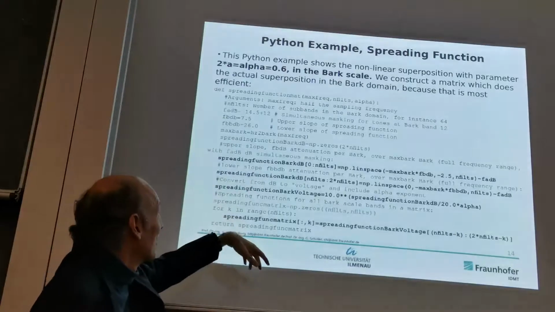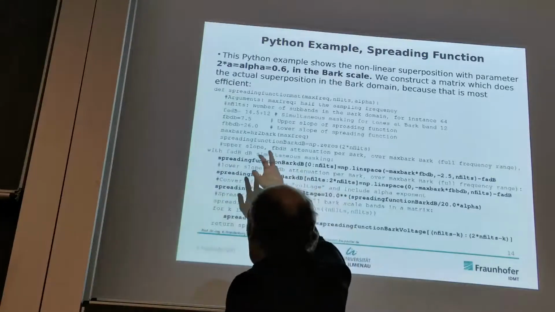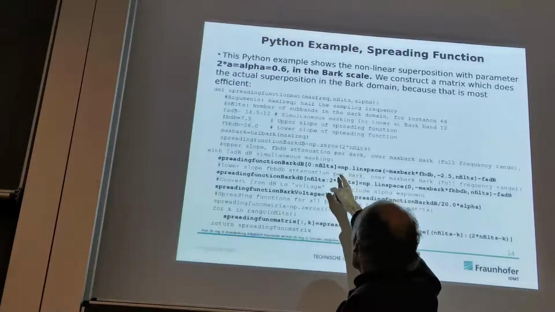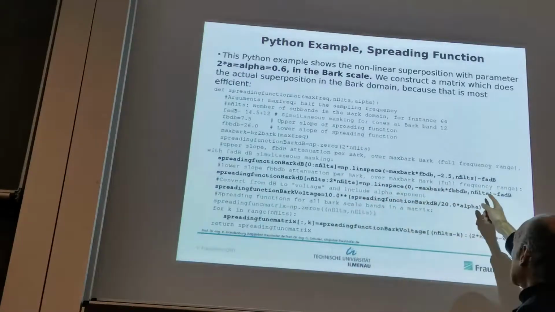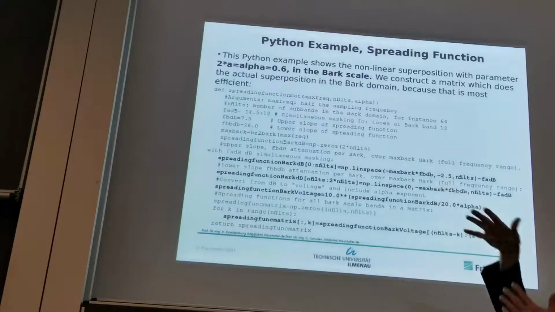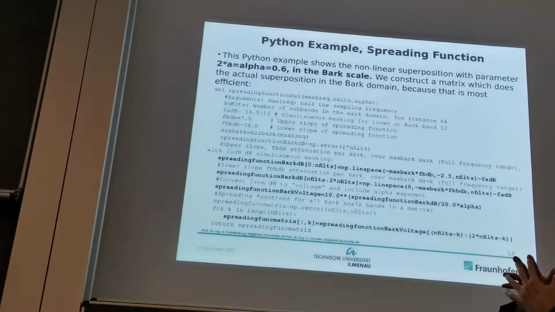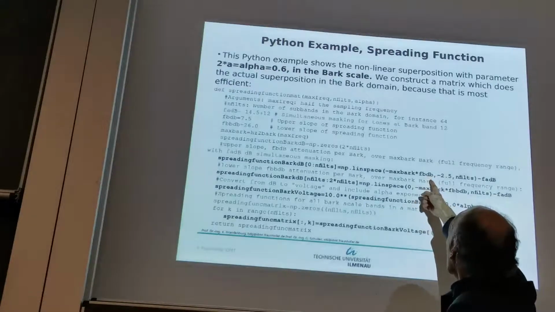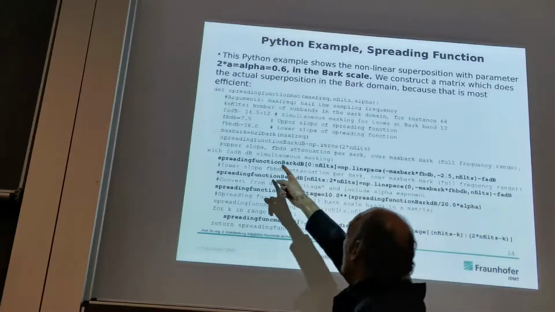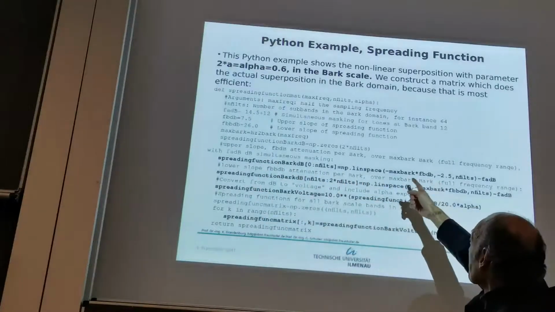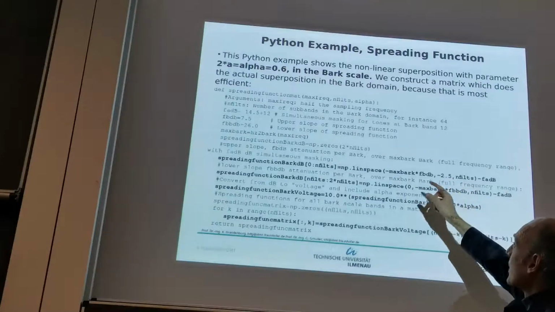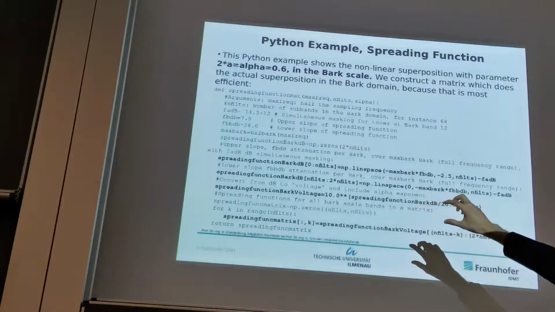Okay. So this is basically how I define my spreading function. And then I'm constructing it here using an array containing one triangular function, this triangular spreading function. So here you can see the FBDB 7.5 for the lower slope. And then here minus 2.5, this is the simultaneous masking.